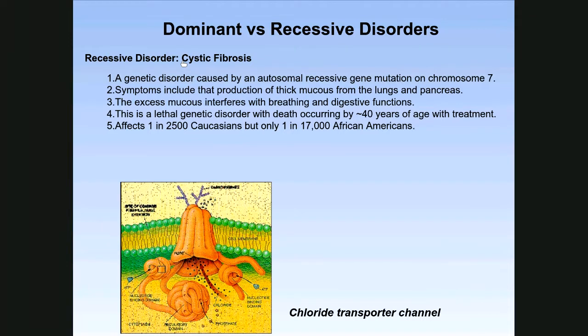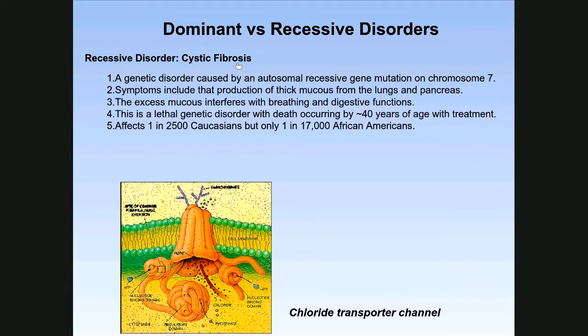Now, if they're a carrier or they have the recessive genetic disorder called cystic fibrosis, then that means there will be a lowercase c allele because it's a recessive allele that causes this recessive genetic disorder. If they have cystic fibrosis, they have to be homozygous recessive. But they could be a carrier, meaning they're heterozygous dominant, but they're carrying that hidden trait in the recessive allele for cystic fibrosis.